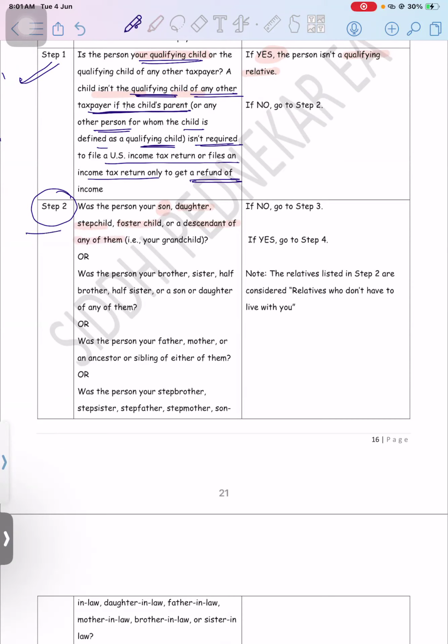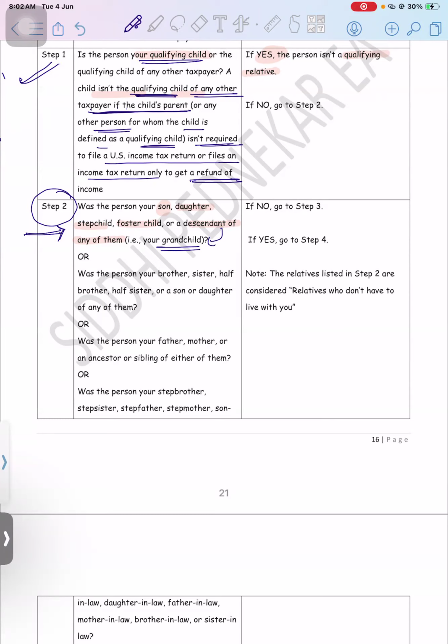Okay, the first part of the relatives will include your blood relatives. Son, daughter, foster child, or descendant of any of them. The child's related people, everyone will be included. That is, grandchild will also be considered. Descendant means grandchild, right?